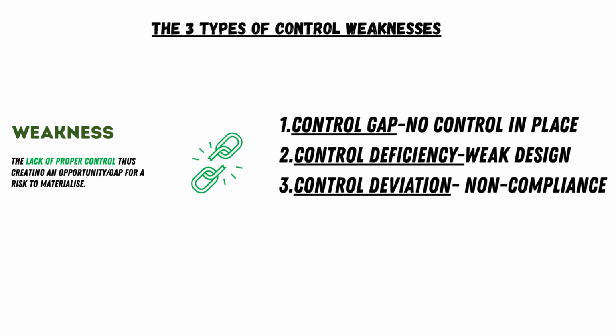The reason it may not be working as intended could be due to non-compliance, where the people who are supposed to be actioning that internal control are not doing what they are supposed to be doing. Because wherever there are human beings, there will be human errors, there will be issues of non-compliance where people are not following the proper way of doing things within that organization.